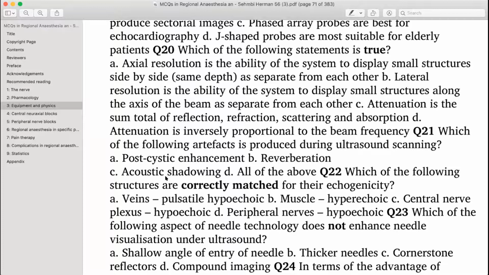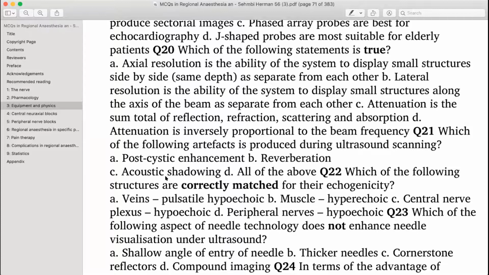Acoustic shadowing does happen. Reverberation, sir, C. Why do you think it is C? There are some structures like ribs or pleura that can produce acoustic shadowing, and that will be there even if you are not doing ultrasound scanning.